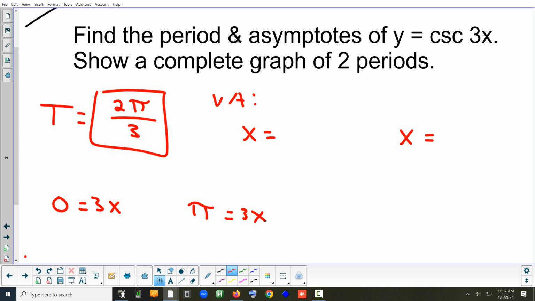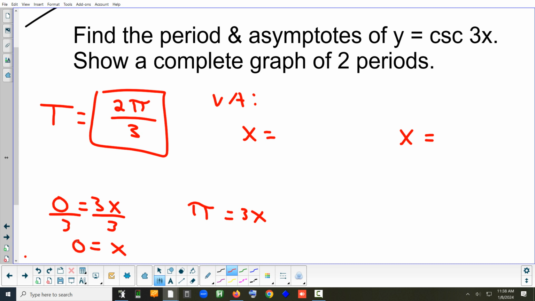So each of these asymptotes is going to be affected. They're going to be horizontally compressed by a factor of 3. If you had an asymptote at 0 and you compress it by a factor of 3, where does it end up? That one doesn't move.